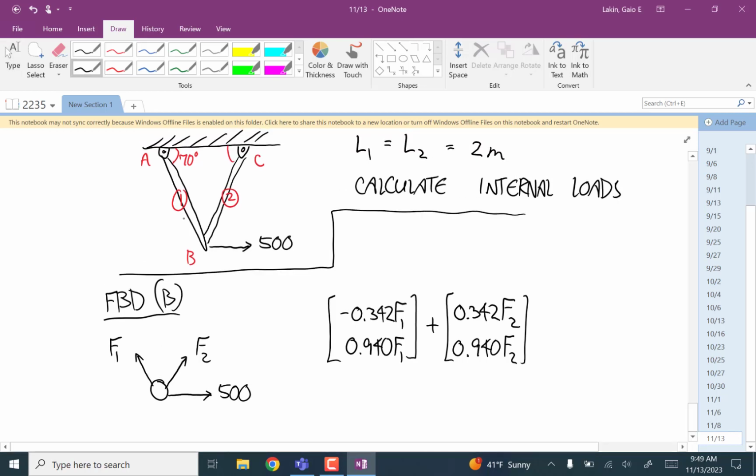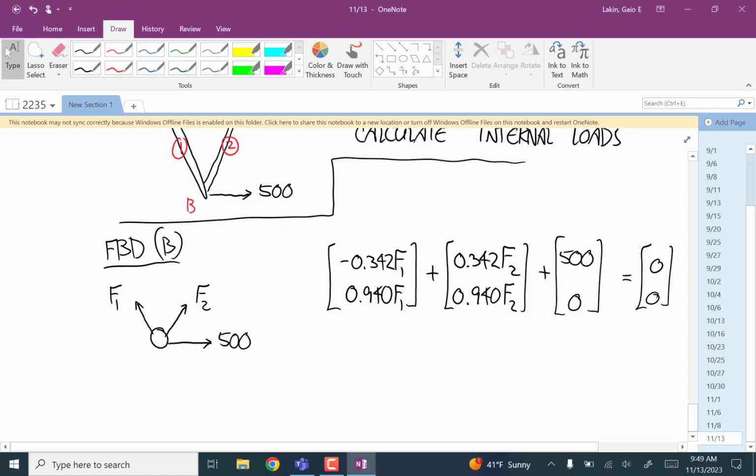We're doing this exactly as if those are cables. It's just that we can get positive or negative answers in the end. And then we have plus 500, 0 is equal to 0. So F1 is equal to negative F2, and we get that 0.684 F1 is equal to 500.